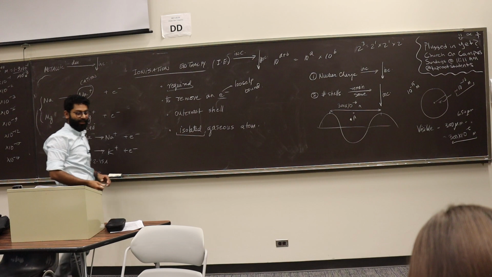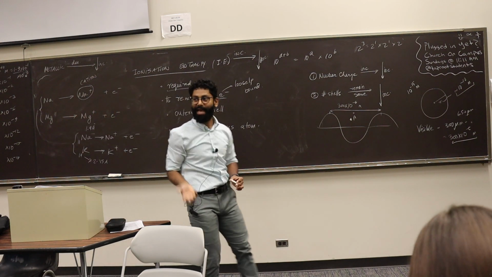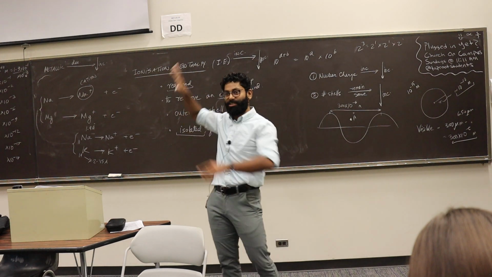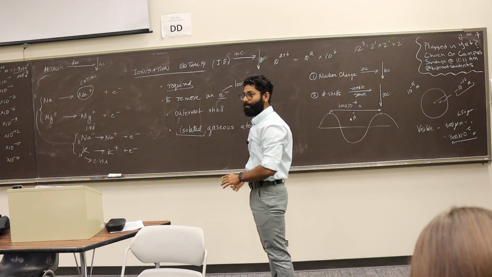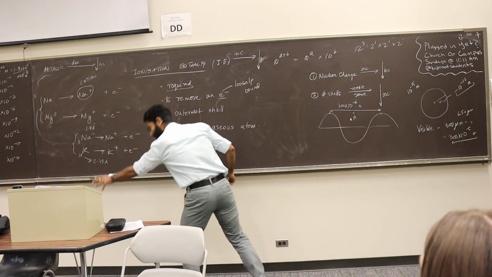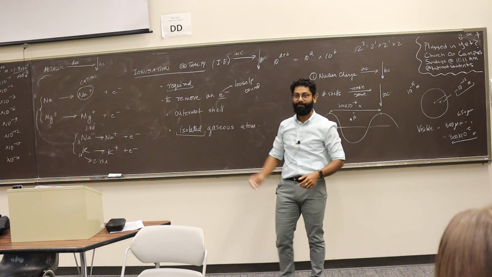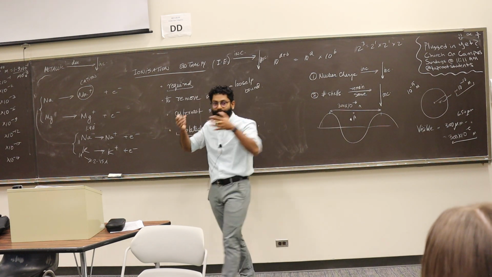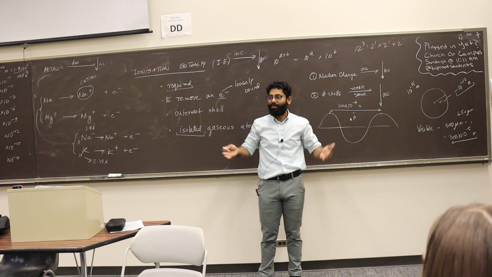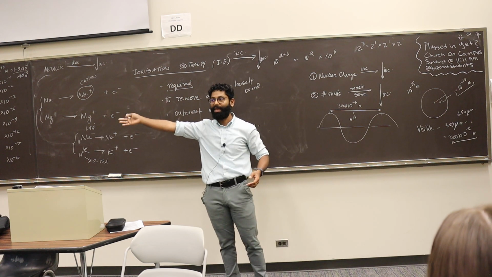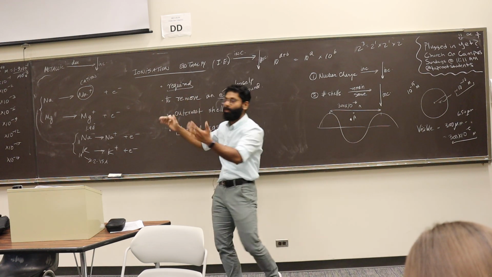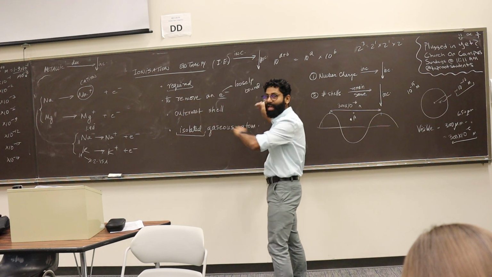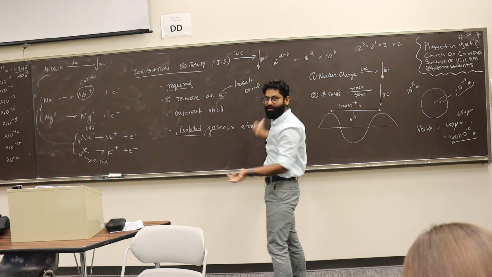So where will you find the most metallic element? Which part? Left and bottom, or column 1. So that means which group has the most metals? 1A, and you can see it beautifully in the periodic table.